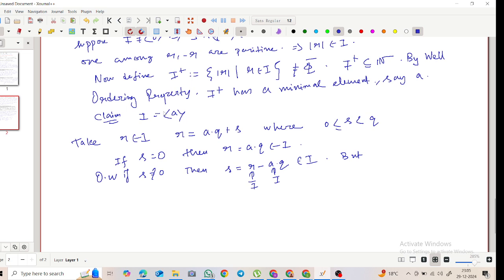But S belongs to, S is in between this. Now S is not equal to 0. So S is in this, which implies S belongs to I plus.